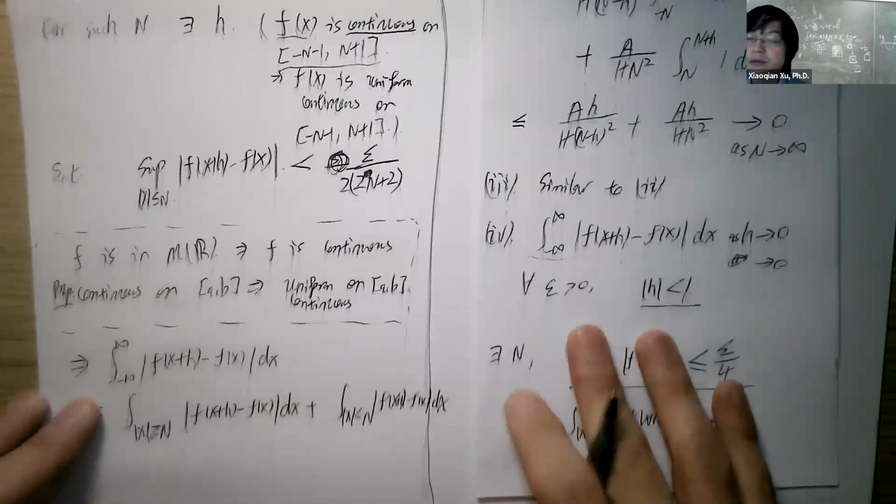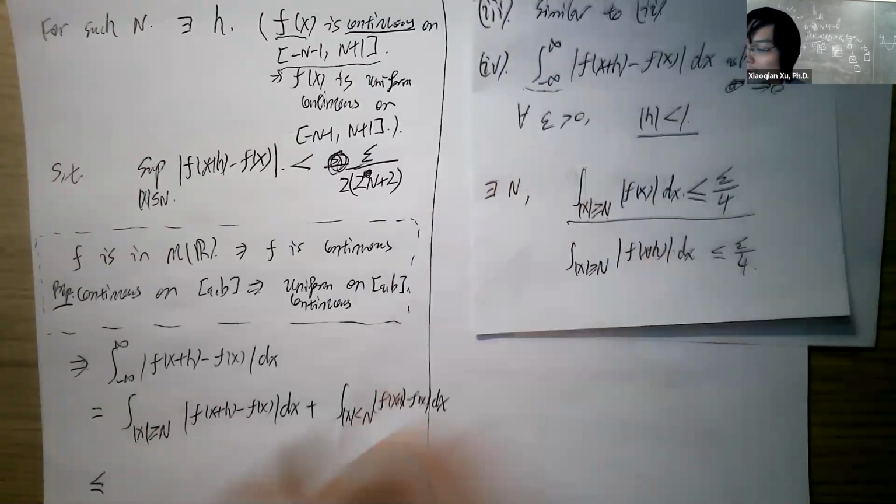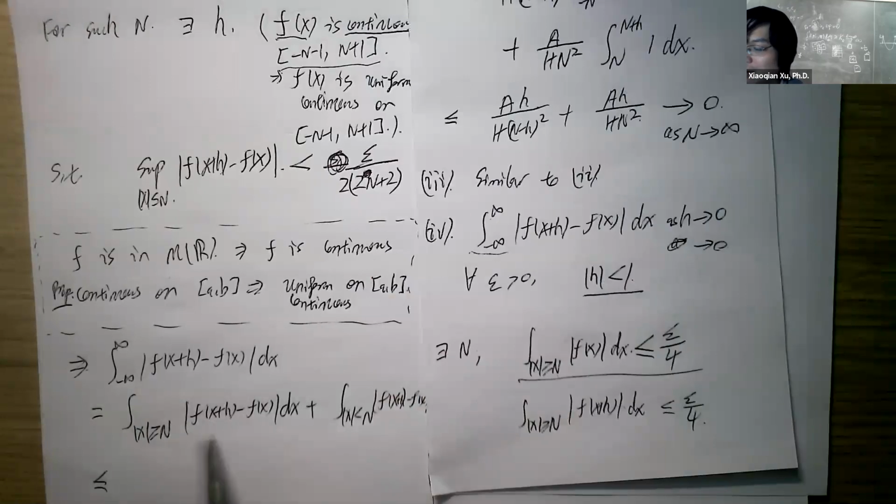We can separate the integral into two parts: one where x is not very big, and one where x is very big. For the big part, it is less than or equal to the integral of f(x+h) plus the integral of f(x), and both of them are smaller than epsilon over 4.